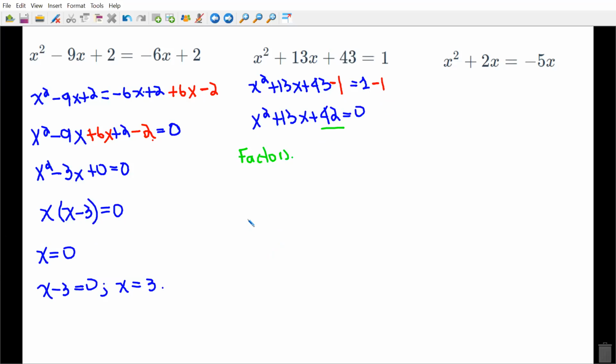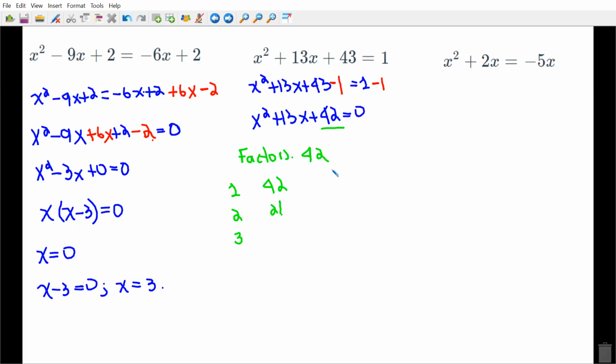Right? So guys, what you do now is you're going to be looking for the factors of 42. So the factors of 42 are 1 and 42. 2 and 21. Very good. 3 and 14.